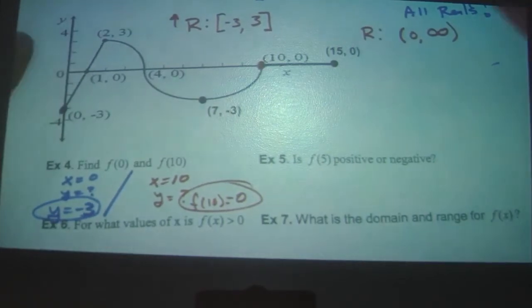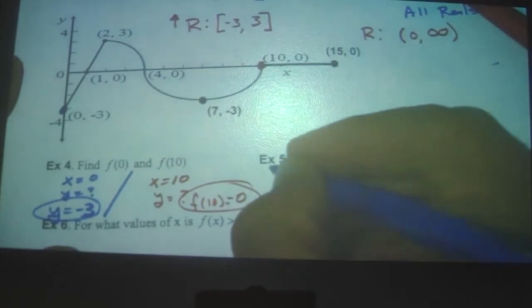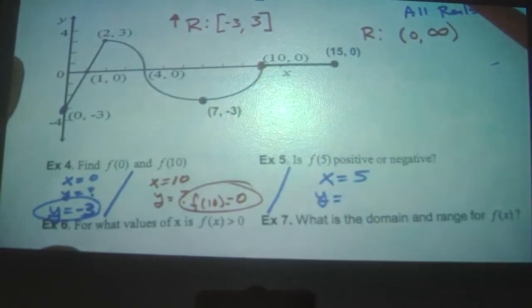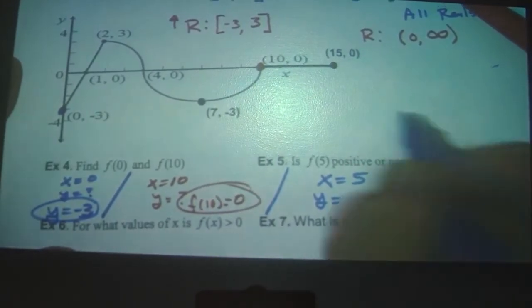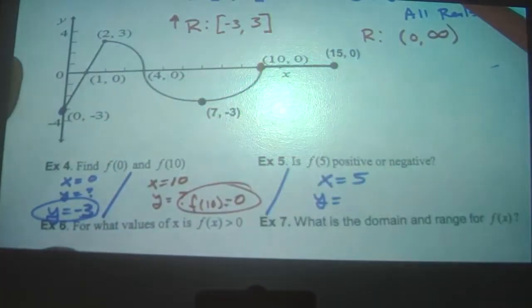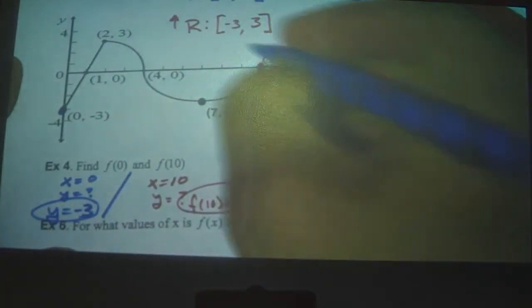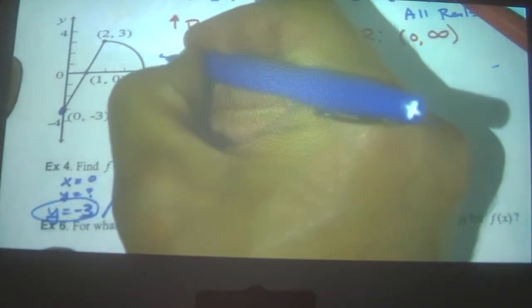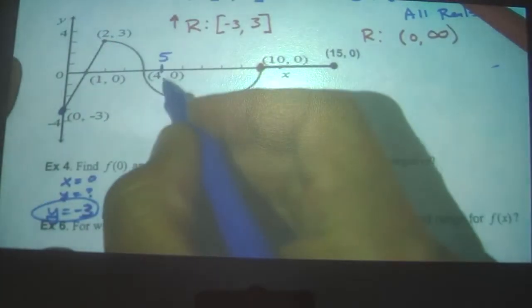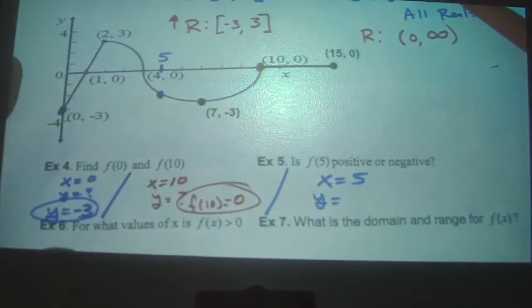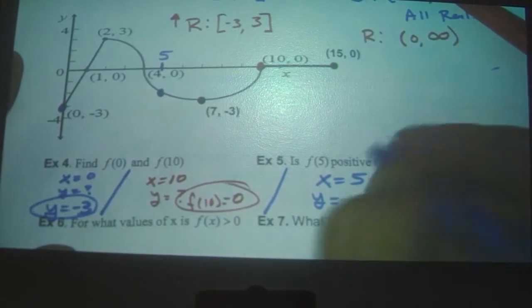Okay. The next one says, is f of 5 positive or negative? So again, treasure hunt. They're saying, hey, x is 5. What's the y value? Positive or negative? On the treasure hunt, 0, 1, 2, 4. I don't see it. Well, if we look, 1, 2, 3, 4, 5. Here's 5. Go to your graph, and then you have to understand if that's a positive y value or a negative.